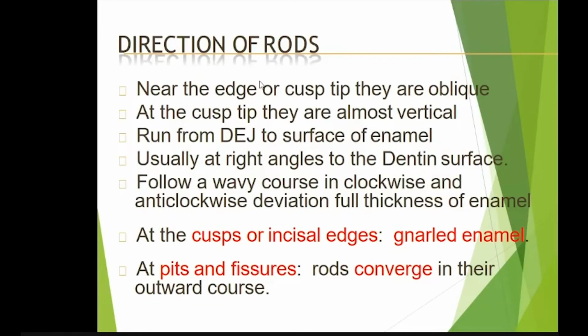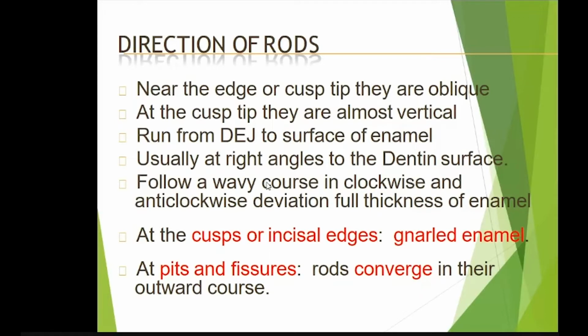Directions of rods: near the edge or cusp tip they are oblique. This describes the directions the rods take, because the rod is not straight; ameloblastic secretion happens in stages and moves outward, forming the enamel. At the cusp they are almost vertical, running from the dentino-enamel junction to the surface of the enamel, usually at right angles to the dentin surface.